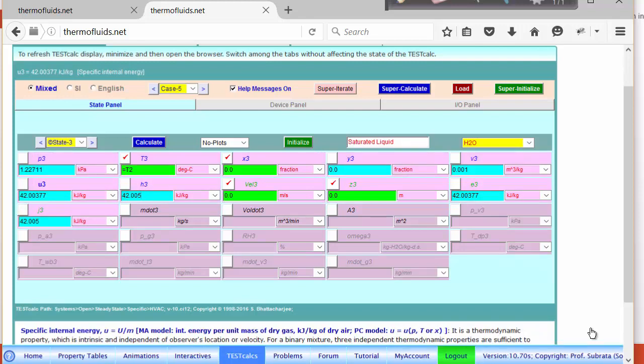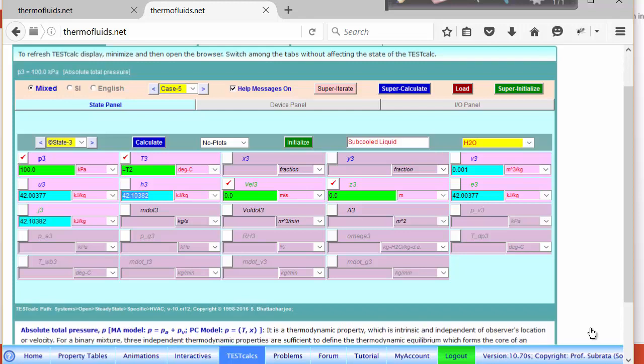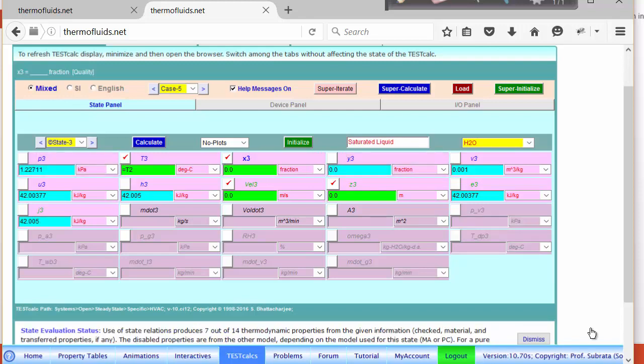Notice, instead of this simplified assumption, if we went by the strict rule that, wait a minute, the pressure of water must be 100 kPa and temperature is this, look, the answer for enthalpy doesn't change much at all. Of course, with the TESTcalc, it's easy to find at 100 kPa and temperature what is the enthalpy, but when you find from tables, it's much easier if you assume the water to be saturated liquid, so you put quality of 0, and you get an enthalpy which is pretty close to the actual value of enthalpy.